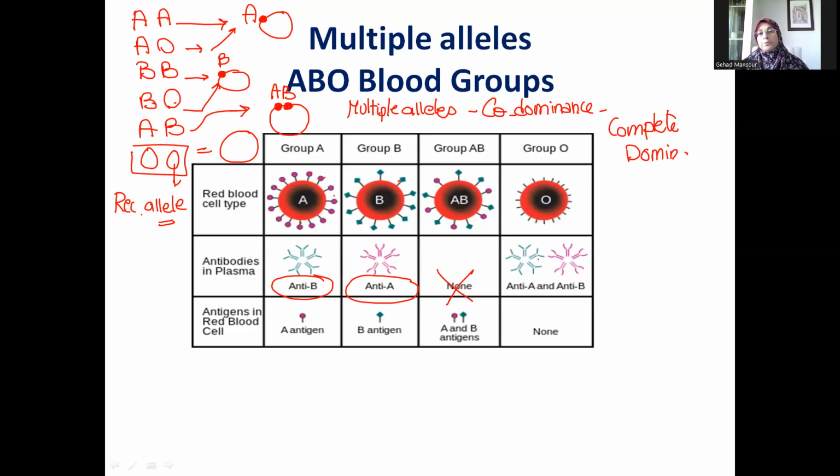And if you are group O, then you can have both anti-A and anti-B in your plasma. Concerning the antigens, as we have just said, the RBCs of group A have antigen A, the RBCs of group B have antigen B, the RBCs of group AB have both antigens A and B, and the RBCs of group O don't have any antigens on the red cell membrane, and that's what allowed them to have anti-A and anti-B.